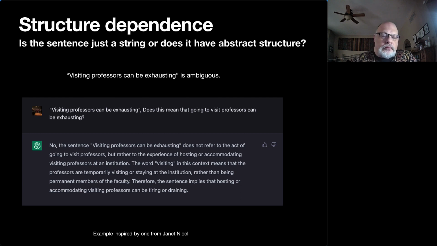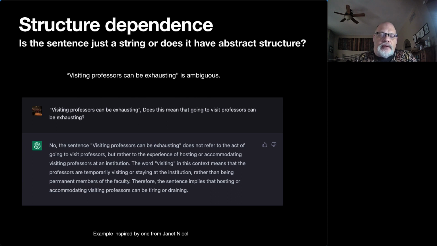Another interpretation makes use of the fact that visiting can be used as an adjective. So there's an expression, a visiting professor, that's a professor who's visiting from somewhere else. Many universities allow professors to come and stay at their institution for a year or two to do special studies or special research with colleagues. Those people are called visiting professors.